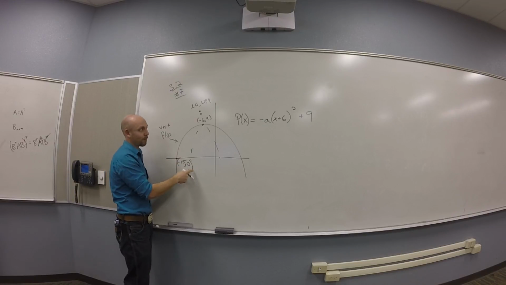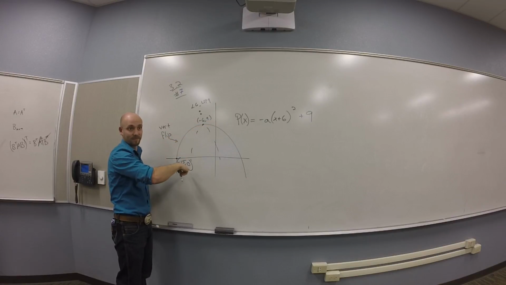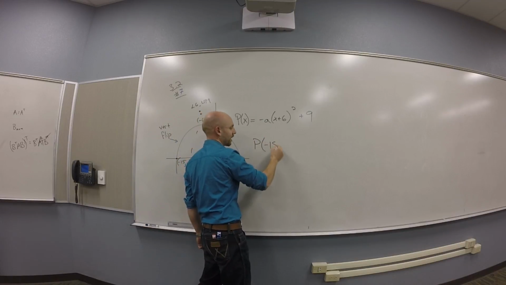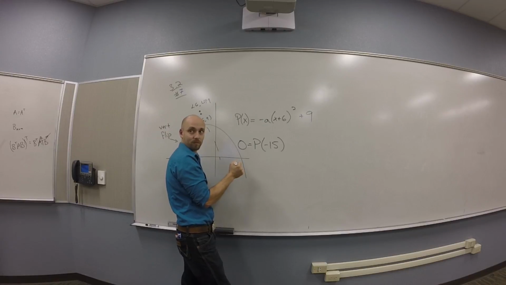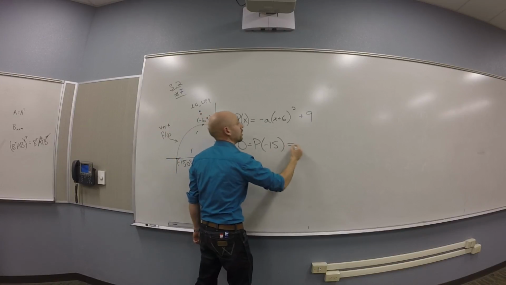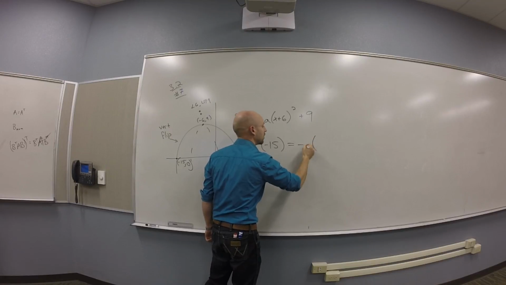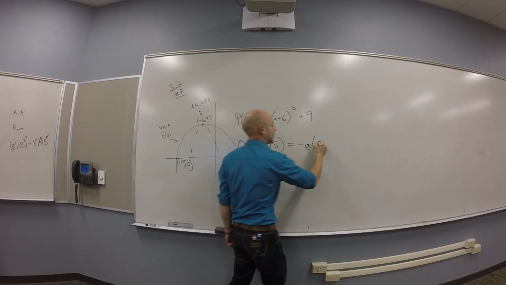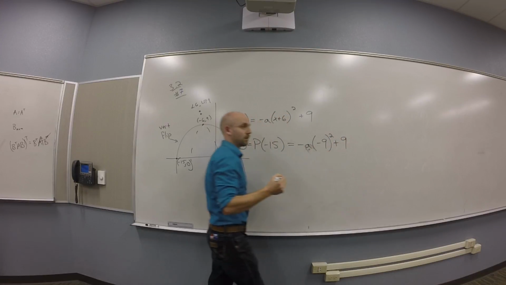Okay, so if it's an input-output pair, I should be able to put negative 15 in there and get 0 out. So let me try p of negative 15, which should be 0. You guys see that? So on the other side, what do I get here? I got minus a times negative 15 plus 6, which is negative 9 squared plus 9.